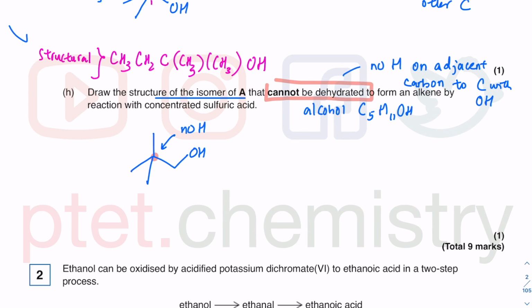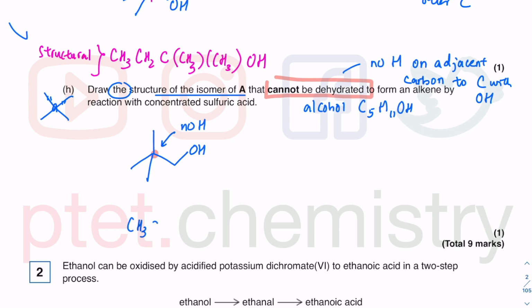So if there is no hydrogen there, this is the only adjacent carbon because this is on the other end. There is no adjacent carbon here. This is the only adjacent carbon next to the carbon with the OH. There is no hydrogen there. They say draw the structure. They don't say a structure because there is only one possibility there. If you think about it, I think this one is going to be CH3, C, CH3, CH3, CH2, OH there.